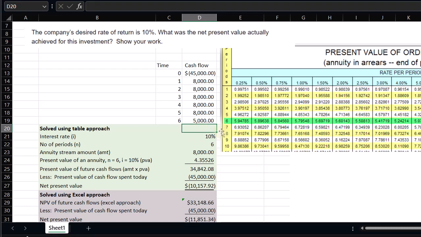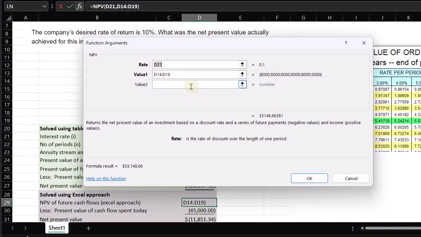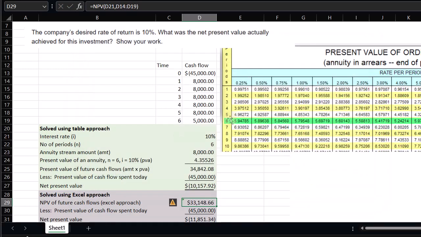At this point, you'll see that NPV will give you a different answer, and it will be the correct answer, because when it does the future cash flows, it now recognizes that 5,000 is different. So NPV is certainly a powerful function, and it can simplify the work. Using Excel's NPV function is probably simpler than using the table approach. I'm going to put that one back to $8,000.